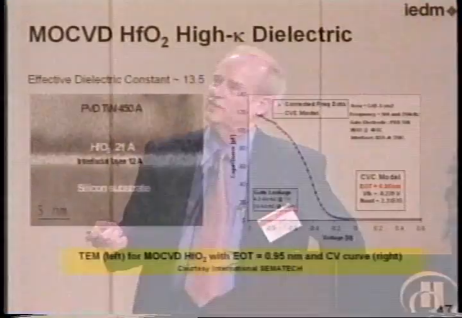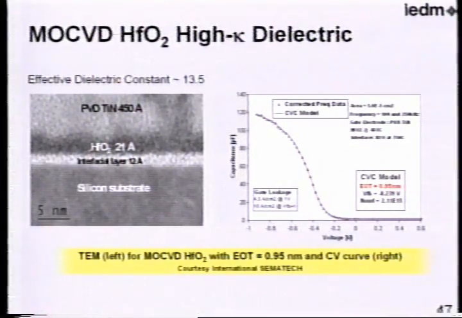Here's another one I had pictures of, though. This is actually from Sematech. This is a hafnium oxide, and of course you can see the interface is quite thick here. It's because of the anneal and oxygen that was done, and to cause this growth at the interface. But if you look at it, and this has a metal gate on it, you can see the characteristics look pretty good with an effective oxide thickness right around the 10 angstrom value.